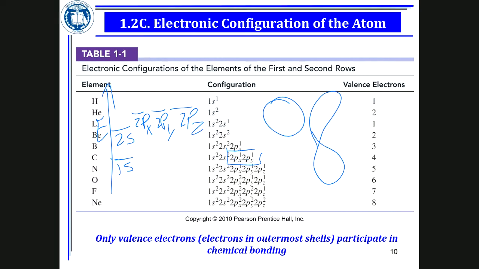So 3s is going to have less energy than 3p, and 4s less energy than 4p. When it comes to d orbitals, they are even more complicated. This is the shape for s, this is the shape for p, but for a d orbital, this is just one d orbital.